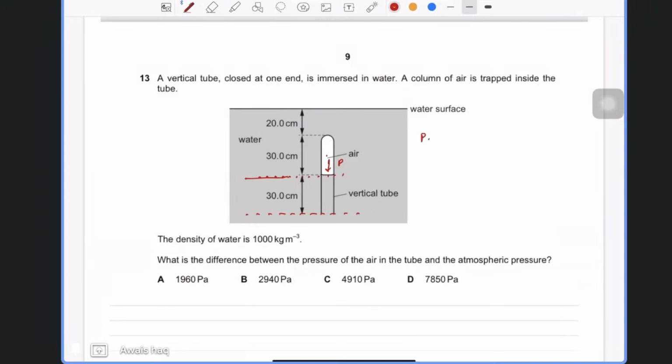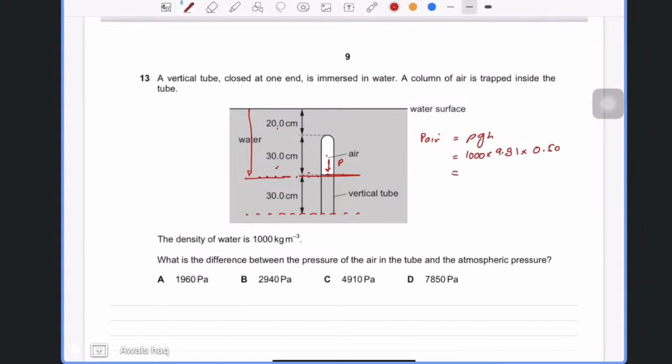So pressure of air right now, it is somewhat here, so it's sort of balancing out. So we're gonna find it using rho gh. The density of the liquid is 1000, g is 9.81, and the depth is from the top, which is basically 20 plus 30, and I believe that's gonna be 50, so 0.50.